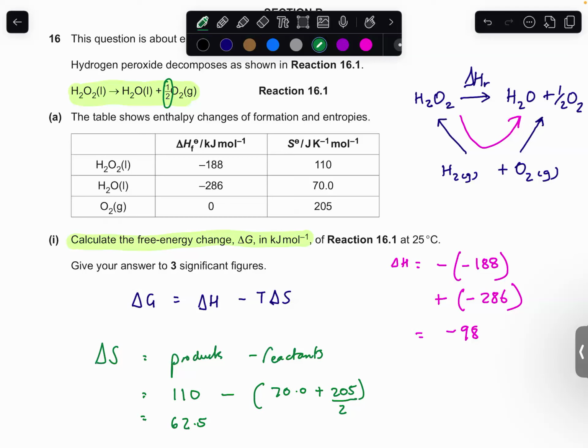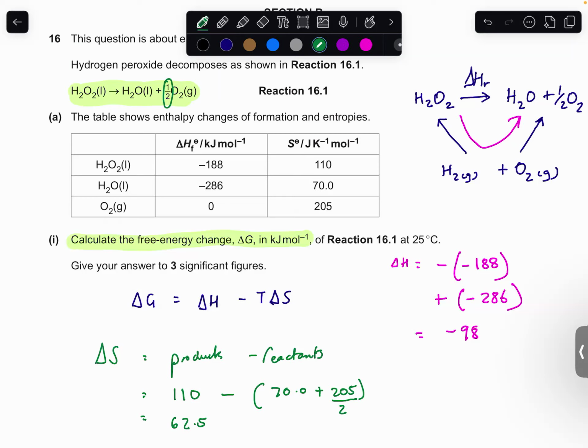Entropy, I'm just looking at the, so this is free energy. Yep, here we are. Just looking at the textbook. Oh, it is products minus reactants. Yeah. So what have they done?